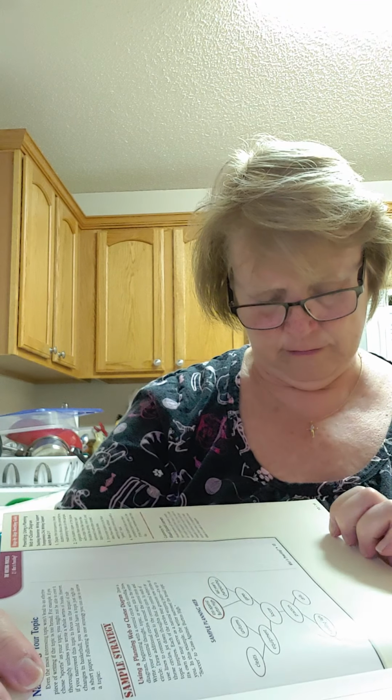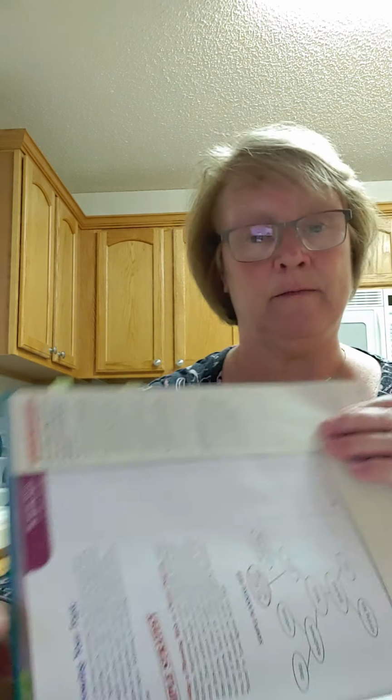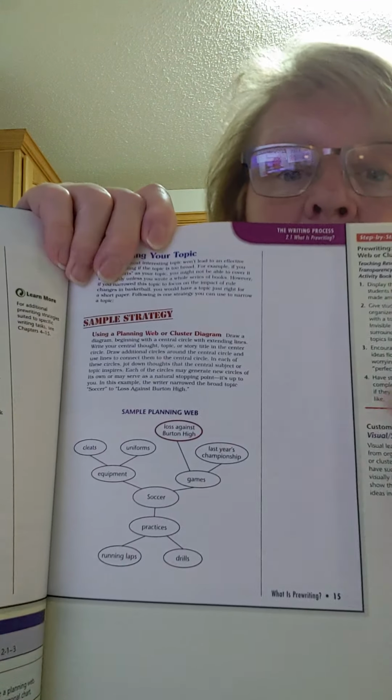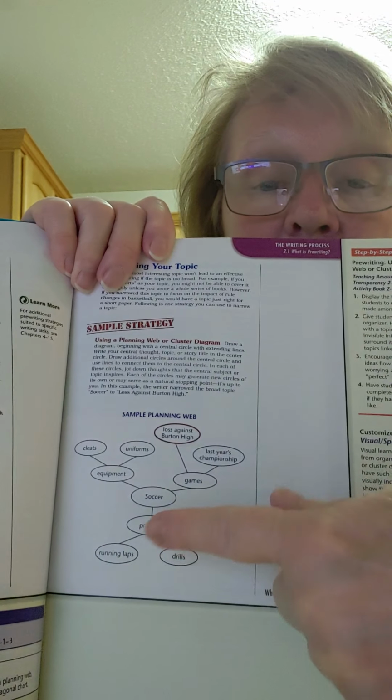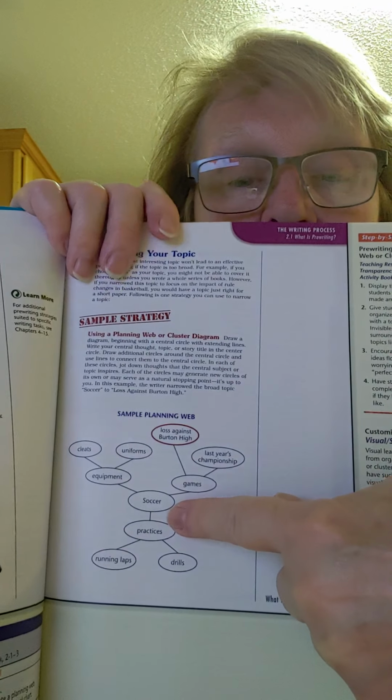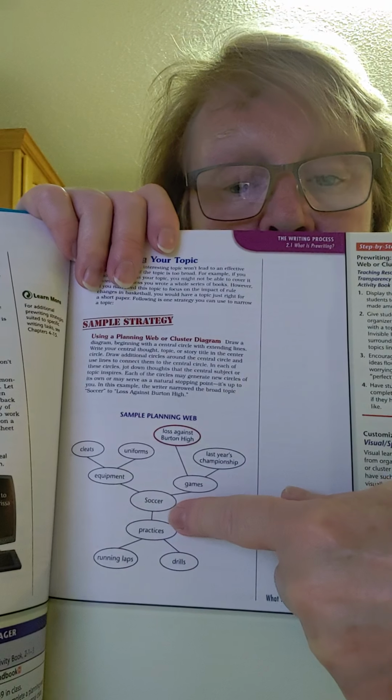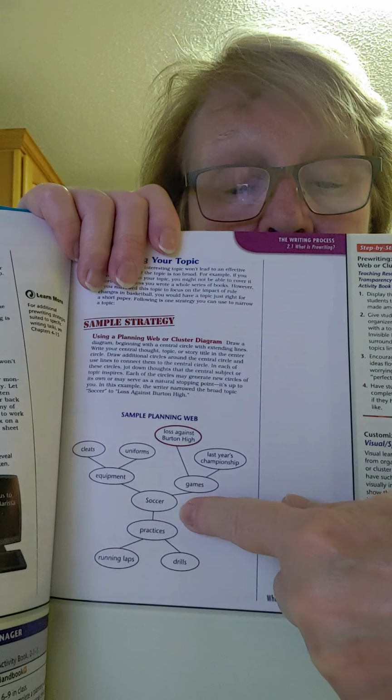I also want you to make a cluster web. So hang on. That was back here. Again, page 15. Page 15 in the text, okay? Right here, this is what you're going to do. You're going to choose a topic. And Marshall, like I said, you may have already done this in class because you may not have been out the day that we did this.